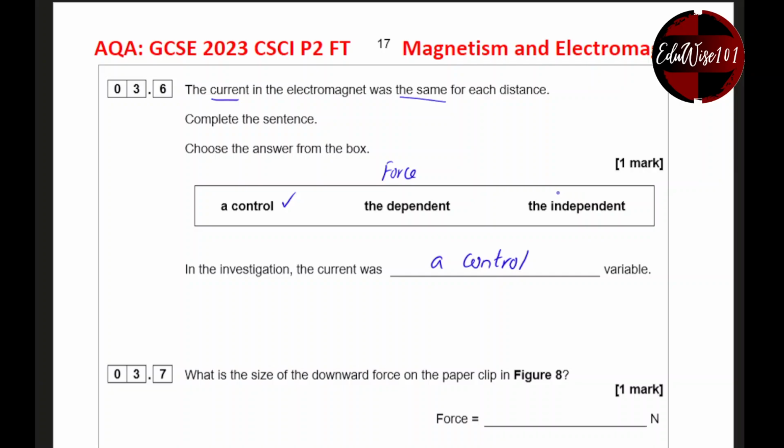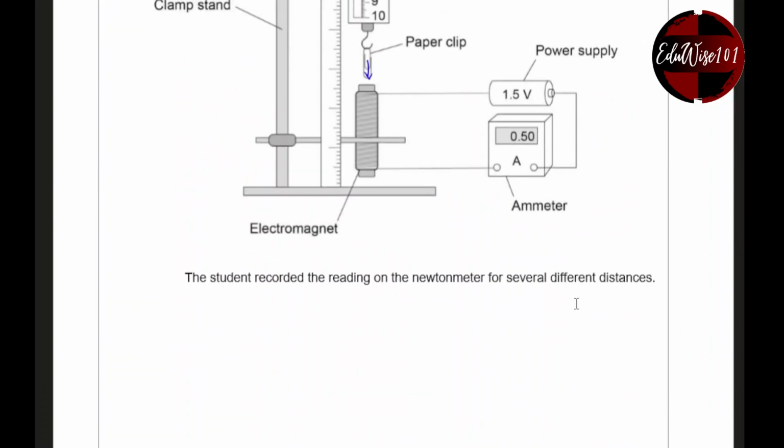The independent variable is the distance between the paperclip and the electromagnet because they're changing. They're recording the reading on the Newton meter for several different distances. They're changing the distance on purpose. That is our independent variable.